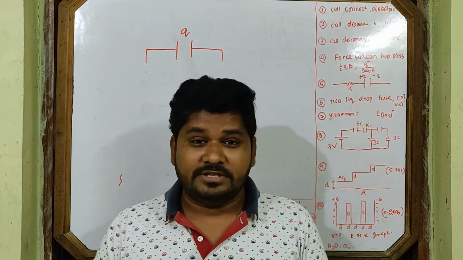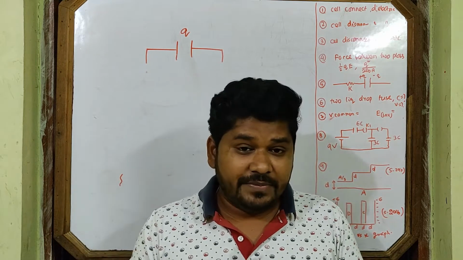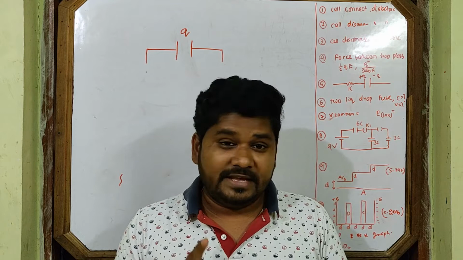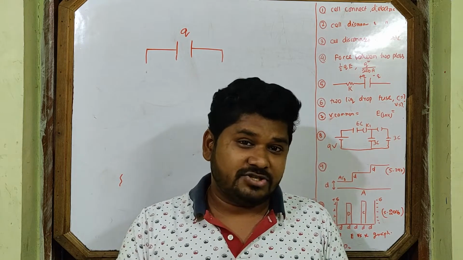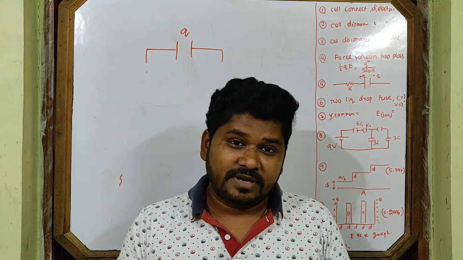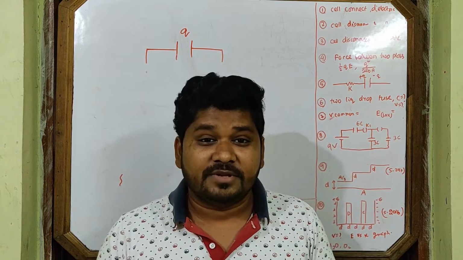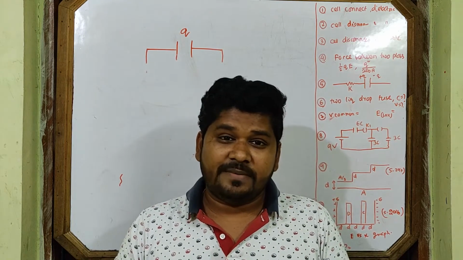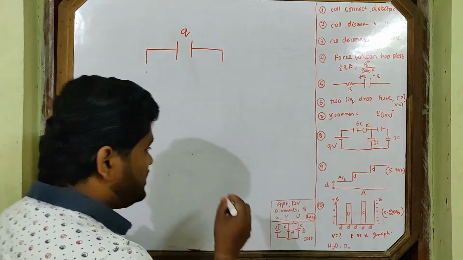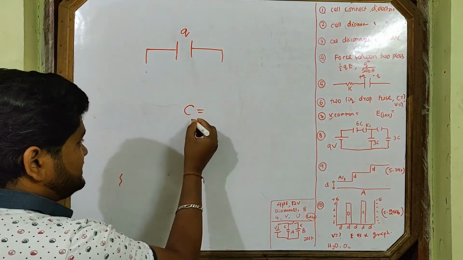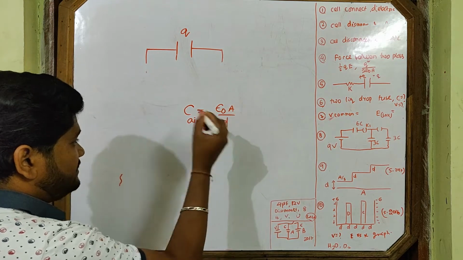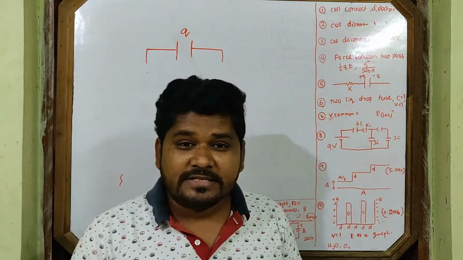Another line also I am telling you, if you change the geometry of the capacitor, then capacitance must change irrespective of the combination of the cell. Geometry of the capacitor means, capacitance formula, you know, C, suppose air capacitor, epsilon naught A by D. What geometry you can change?